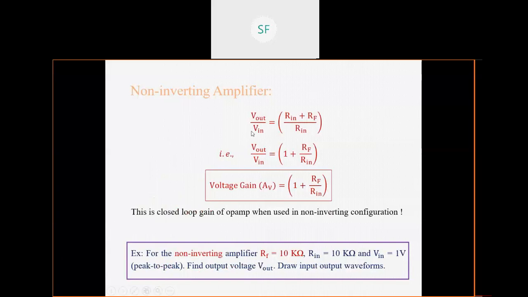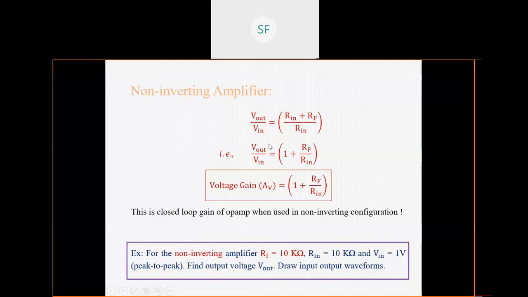Here you can observe V out divided by Vin is taken on one side and the remaining terms are on the other side. So again Rin plus Rf divided by Rin will be there. Now Rin divided by Rin will be 1 and Rf divided by Rin will remain as it is.